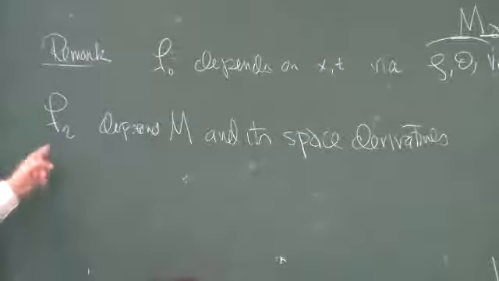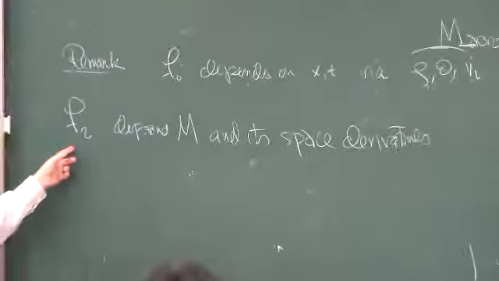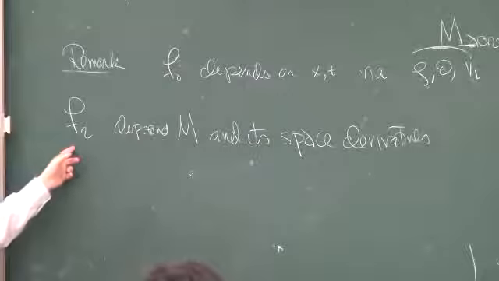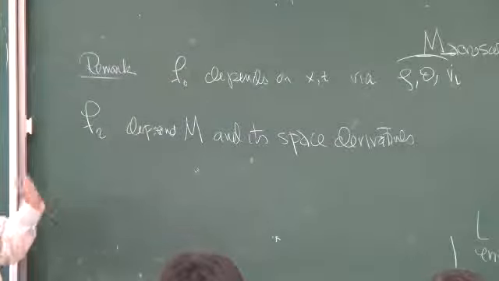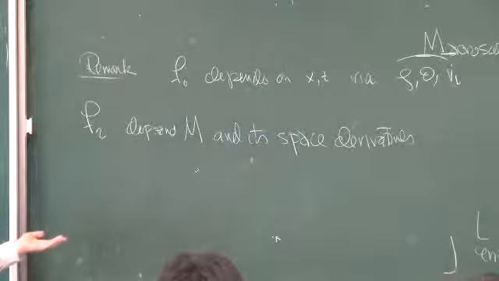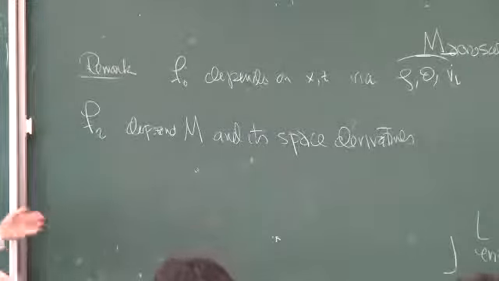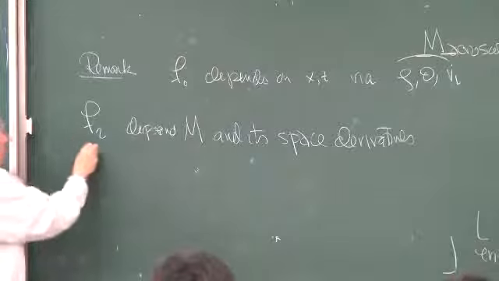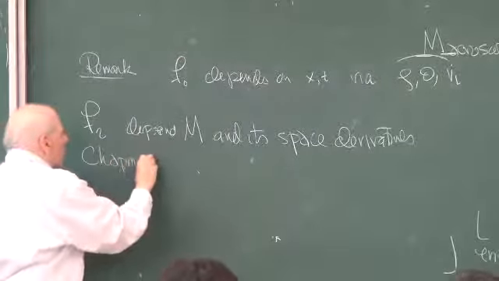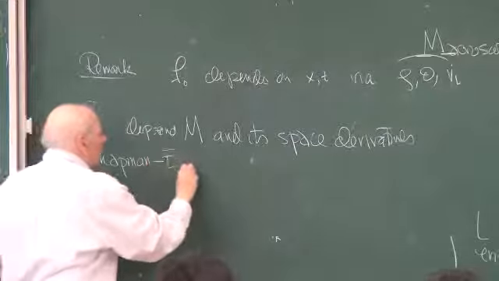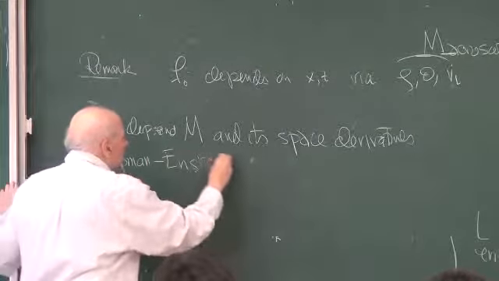So the only way any f_i can depend on x and t is through rho, theta, v_i and derivatives with respect to x. One derivative, two derivatives, etc. This idea was not Hilbert's. This was the idea of Chapman and Enskog.